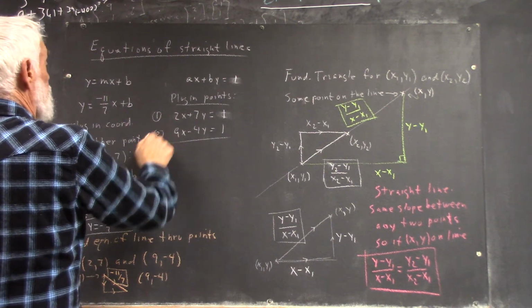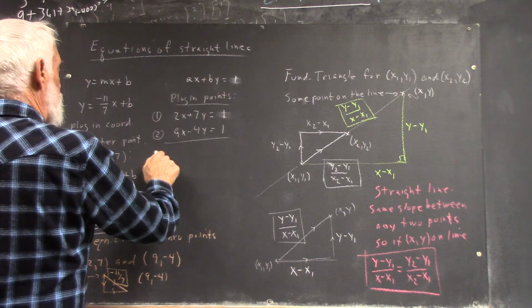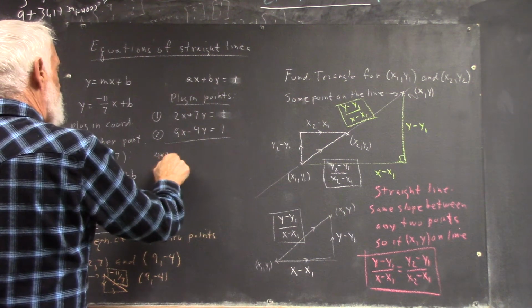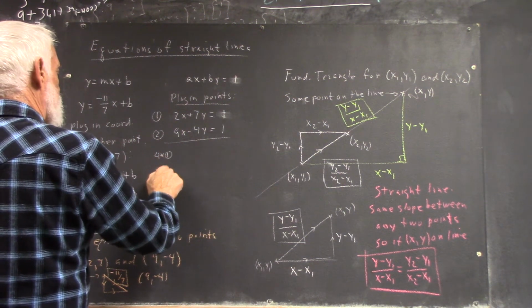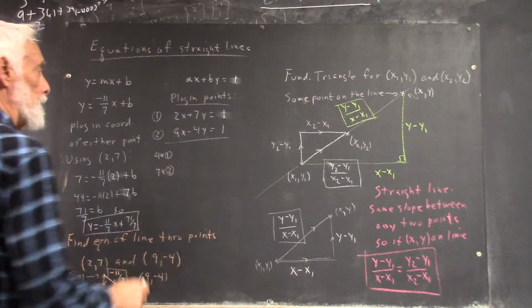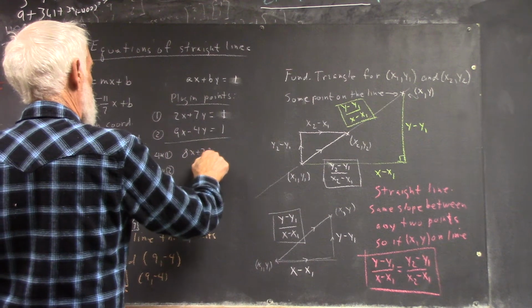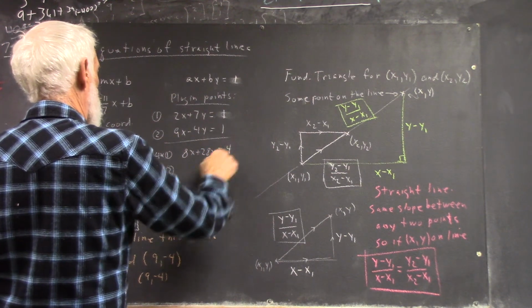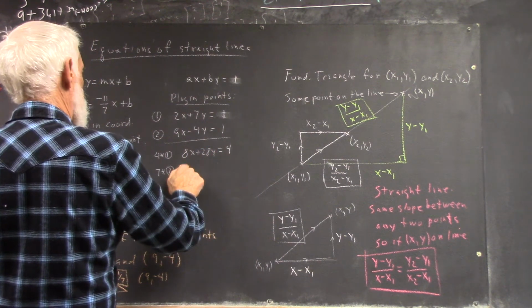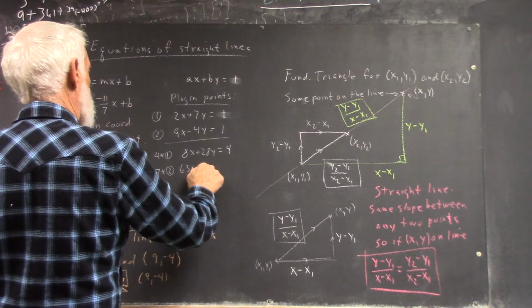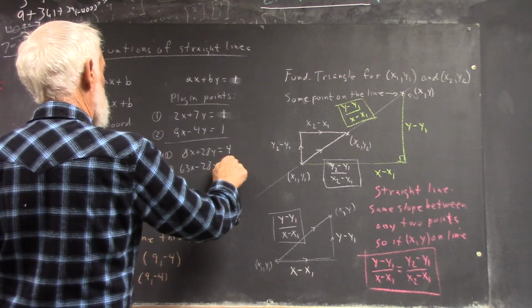This is our second. We do 4 times the first, 7 times the second. We get 8x plus 28y equals 4. We get 63x minus 28y equals 7.